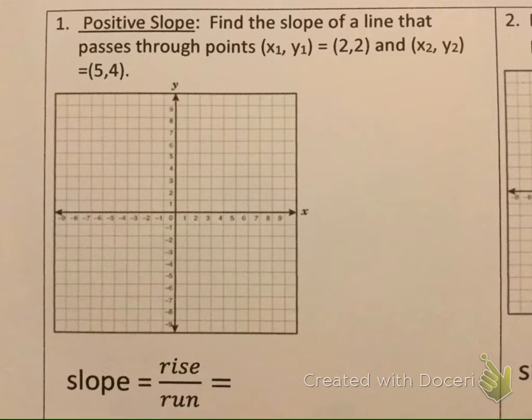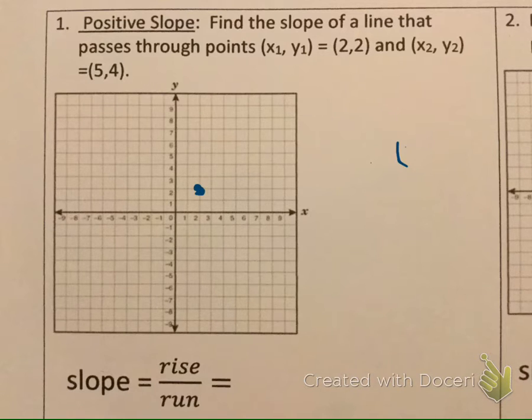Okay, so we're going to find the slope of the line that passes through the first point, which is 2, 2. Okay, now first I'm going to just graph it. 2, 2 would be here. Having a little hard time with my pen. There we go.